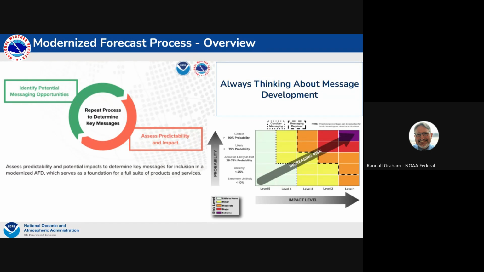The more those two go to the extreme ends, of course, the more you're increasing risk based on the vulnerabilities we talked about identifying in step 2 on the last slide. As you go through this process, you iterate and keep going through different tools to try to identify potential messaging opportunities, and we should always be thinking about message development. So this is the general idea of how we're going to step through this process: identify impact and probability of occurrence, therefore assess the risk, and then identify key messages from there. That's the big picture overview.